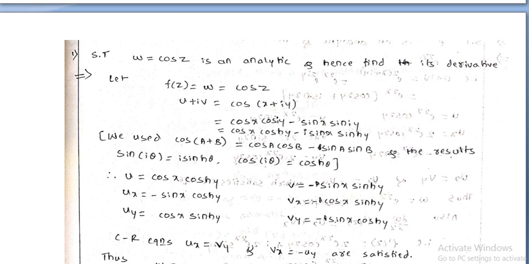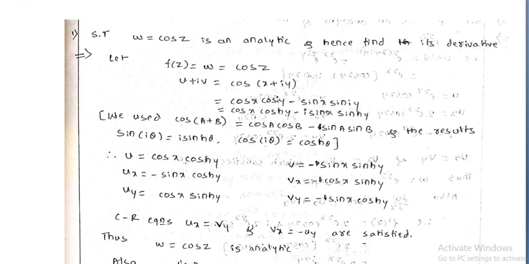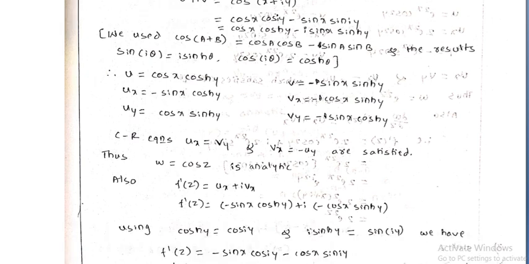According to the Cauchy-Riemann equations, ux is equal to vy and vx is equal to minus uy, or uy is equal to minus vx, which satisfies the Cauchy-Riemann equations. Then we find dw by dz, or f dash of z.